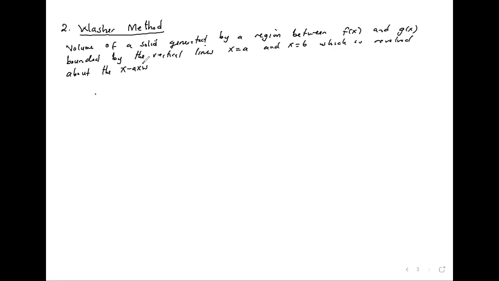So the volume here is going to be given by the integral from a to b of pi, and then f of x squared minus g of x squared dx. So the reason why we're putting this absolute value is to allow you to have that flexibility. You don't really need to check which function is lower than the other.